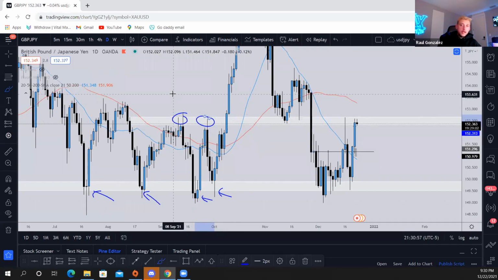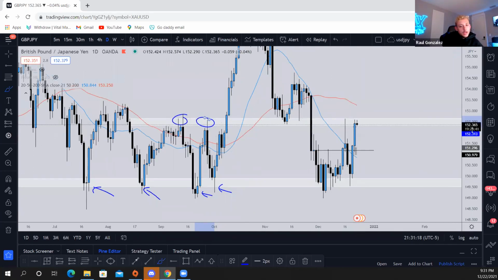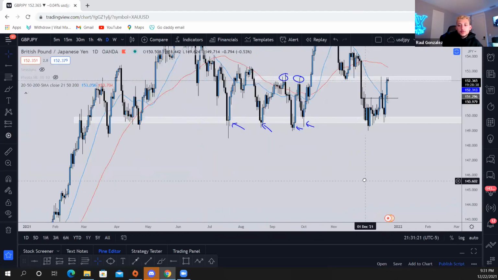I don't want to say directional bias, but I am expecting price to do one thing. Essentially what I'm looking at here is if price comes down to support and rejects support, I'm going to look for price to go up to resistance. If price rejects resistance, I'm going to look for price to go down to support. Now, it'd be a different story if price were to break support.